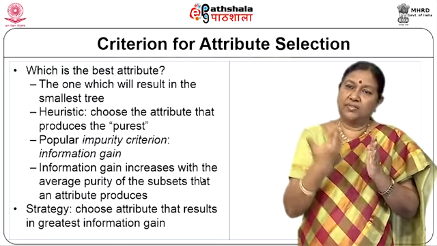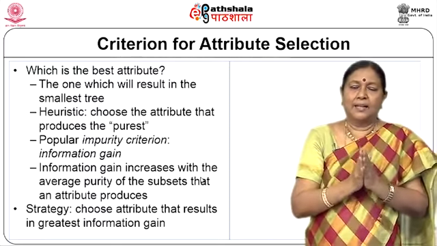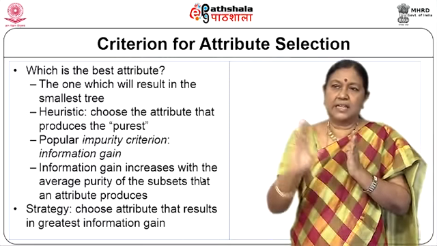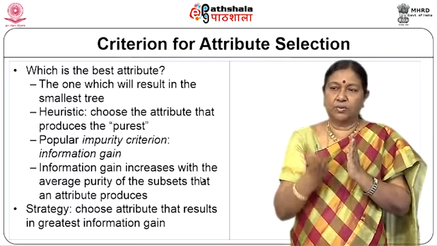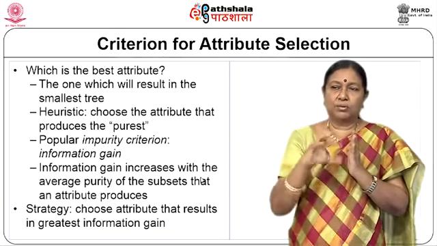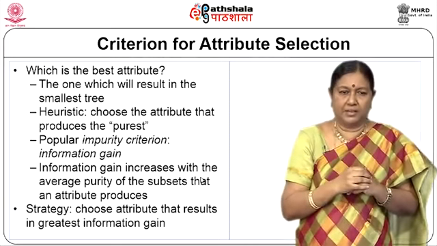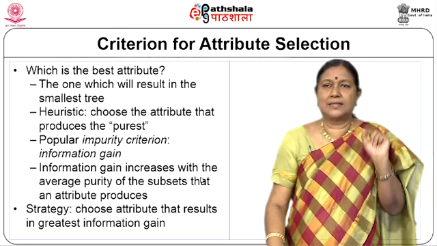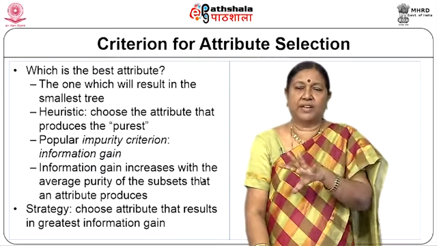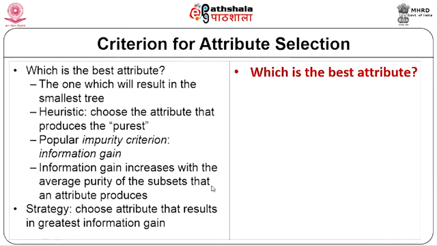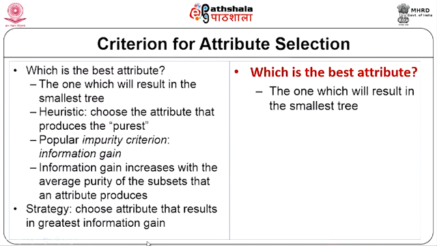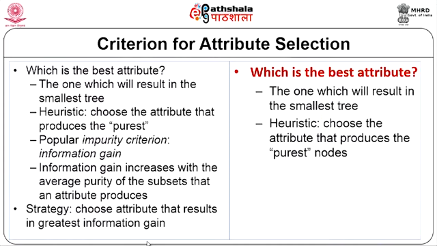By something called information gain, and the information gain will increase as the average purity increases. So, you choose the one with the most information gain. Choose the attribute that results in the greatest information gain. Out of 4 or 5 attributes, choose the one with it. That is how we find the best attribute.